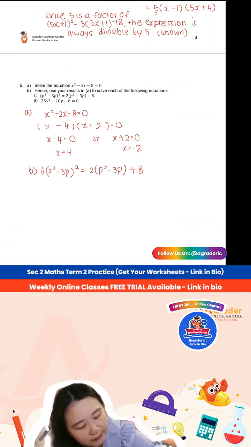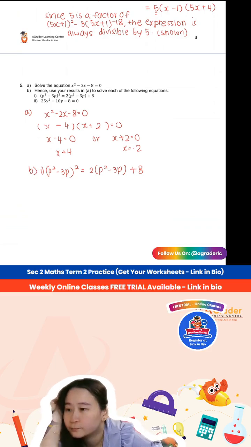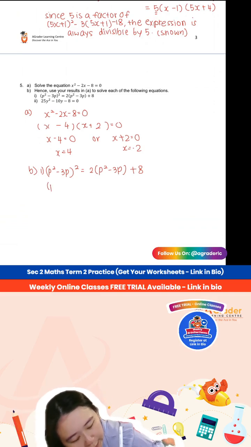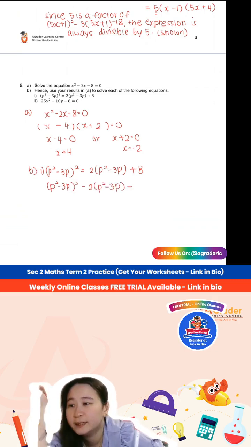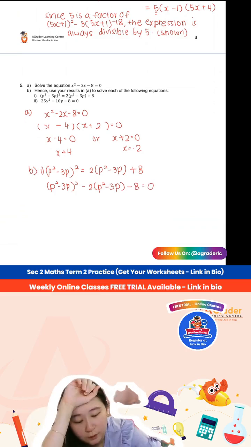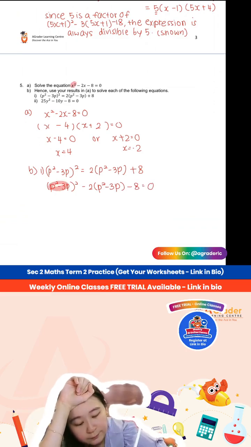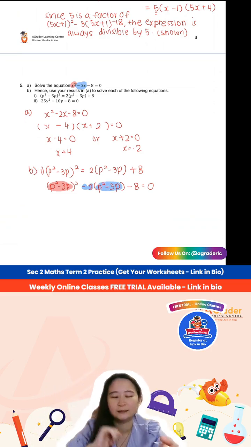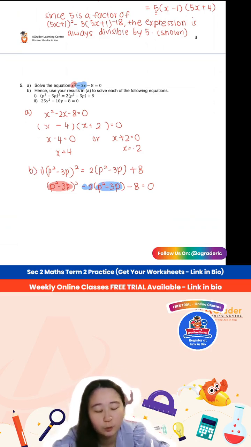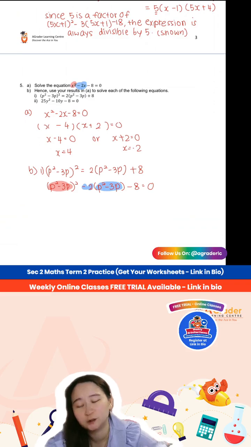You can actually see that this part here is comparable: negative 2x will be the negative 2, then this is your x, and then minus 8. So you want to replace your x in part A with p squared minus 3p for the solution.